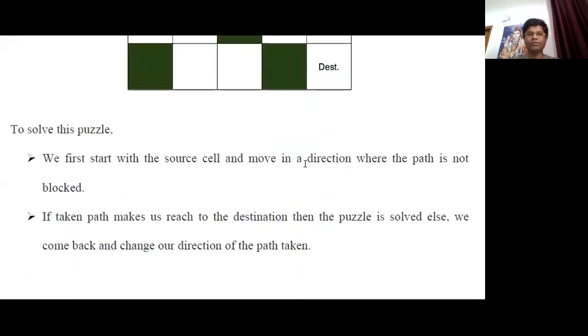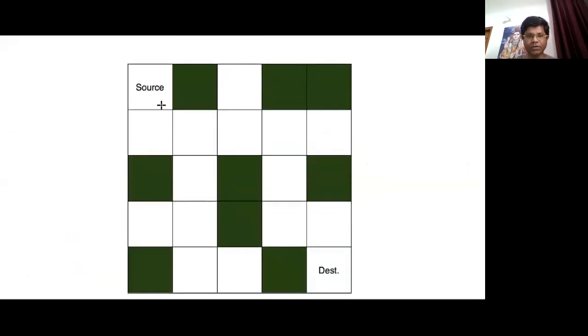To solve this puzzle, first we have to start with the source cell and move in the direction where the path is not blocked. In this example, suppose we are at present at the source node. We can't move right because this cell is blocked. We can't move left because there is no cell. We can't move upward because there is no cell.